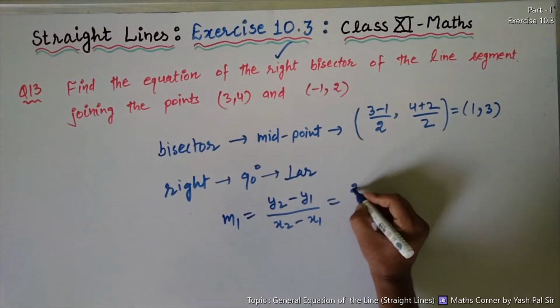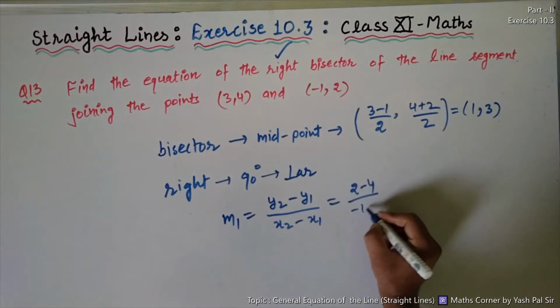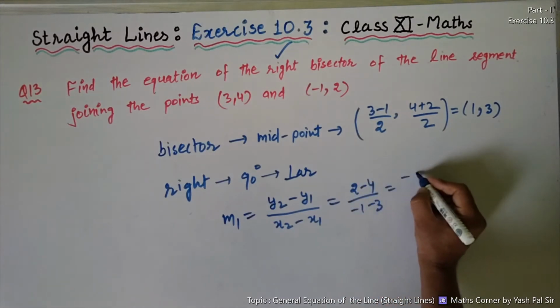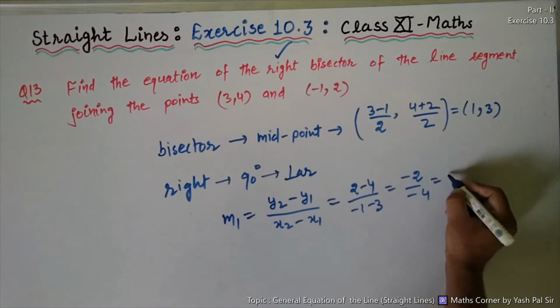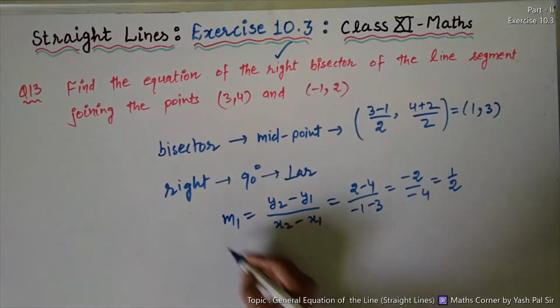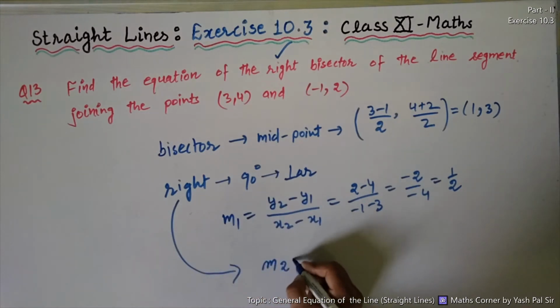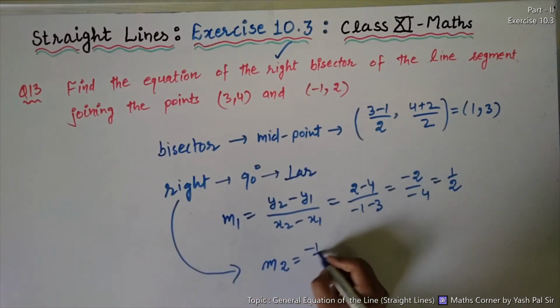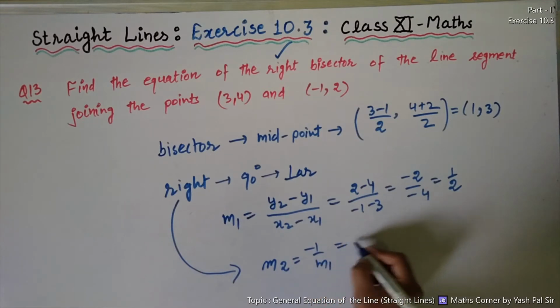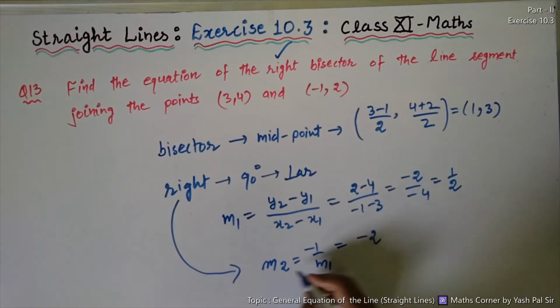This is equal to 2 minus 4 upon minus 1 minus 3, which is minus 2 upon minus 4, which is equal to 1 upon 2. Because we are finding the right bisector, m2 will be equal to minus 1 upon m1. So this is equal to minus 2.